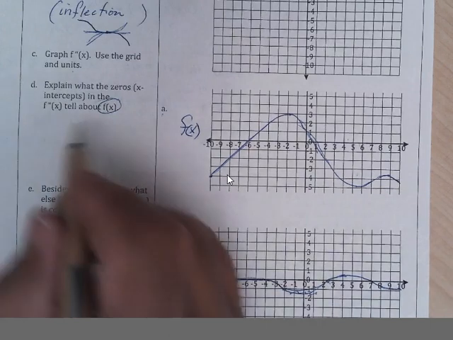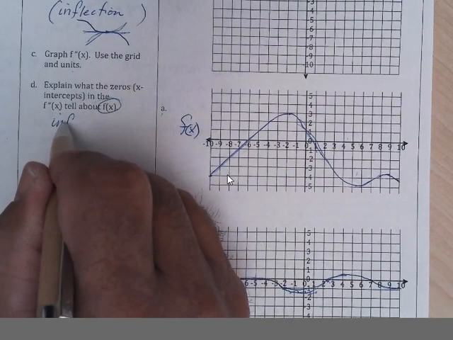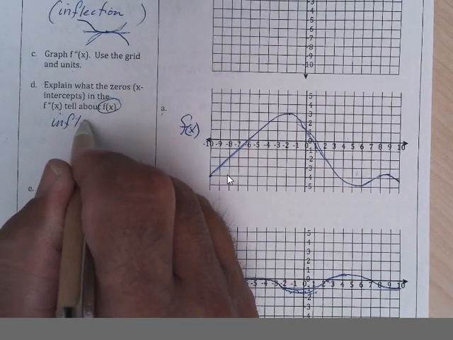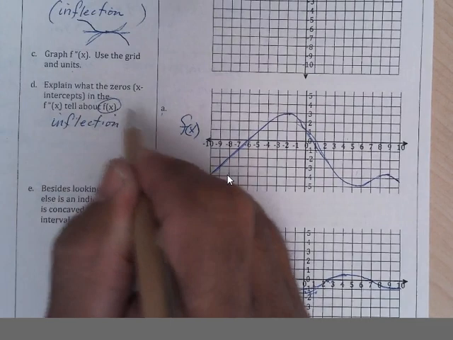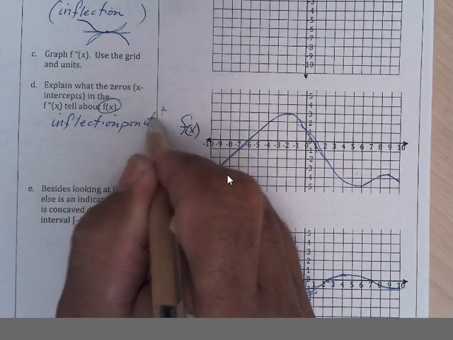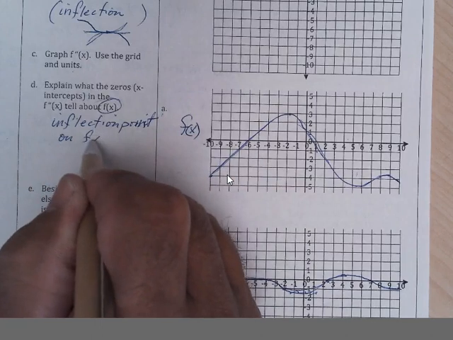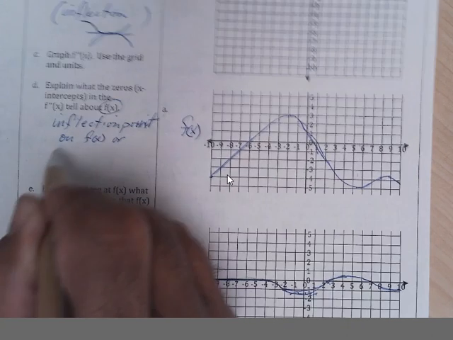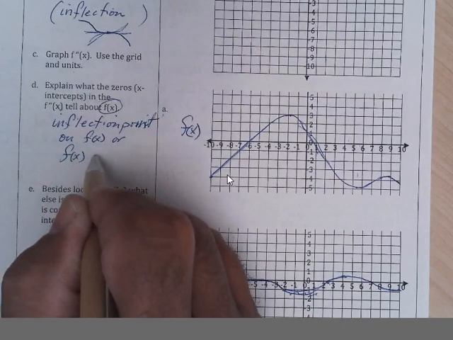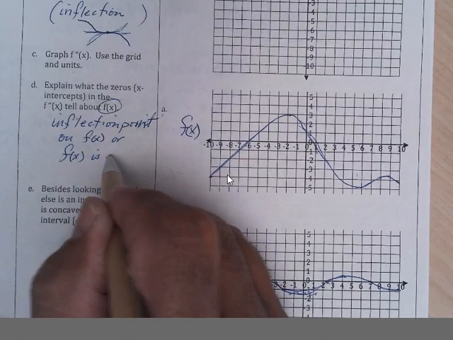So it's either an inflection point on f, or f of x is straight.